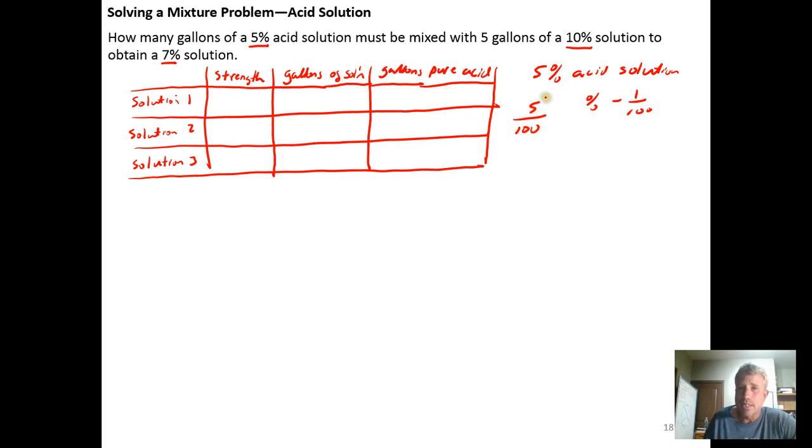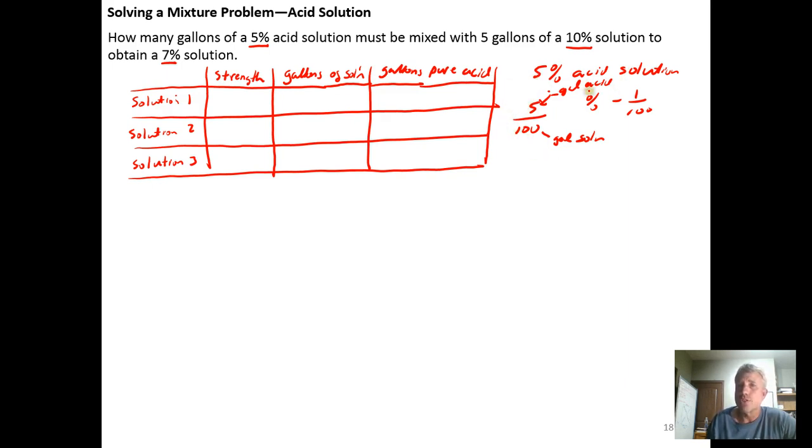So this is telling us that for every 100 gallons of solution, we have 5 gallons of pure acid. Or 100 minus 5 is 95, so there's probably 95 gallons of pure distilled water involved.